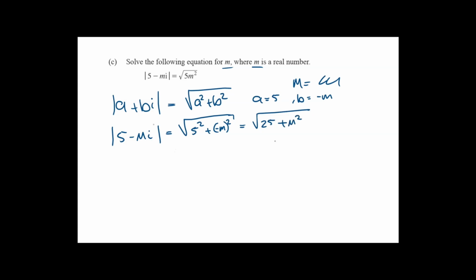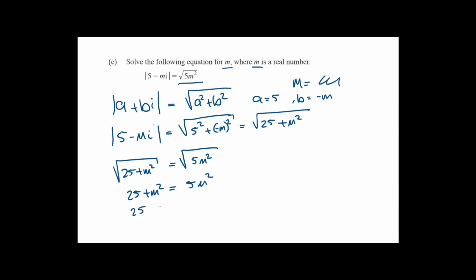Okay, so given that, let's set this equal to the given length. So the square root of 25 plus m squared is equal to the square root of 5m squared. Right, let's square both sides. It's going to be pretty easy, pretty trivial in this case. 25 plus m squared equals 5m squared. So let's take an m squared across.